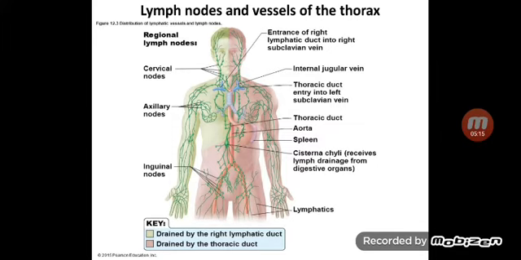These are the deep structures of the anterior parts of the anterior intercostal spaces. And the lymphatics for sure go to the thoracic duct on the left side and the bronchomediastinal trunk on the right side. That is their end.